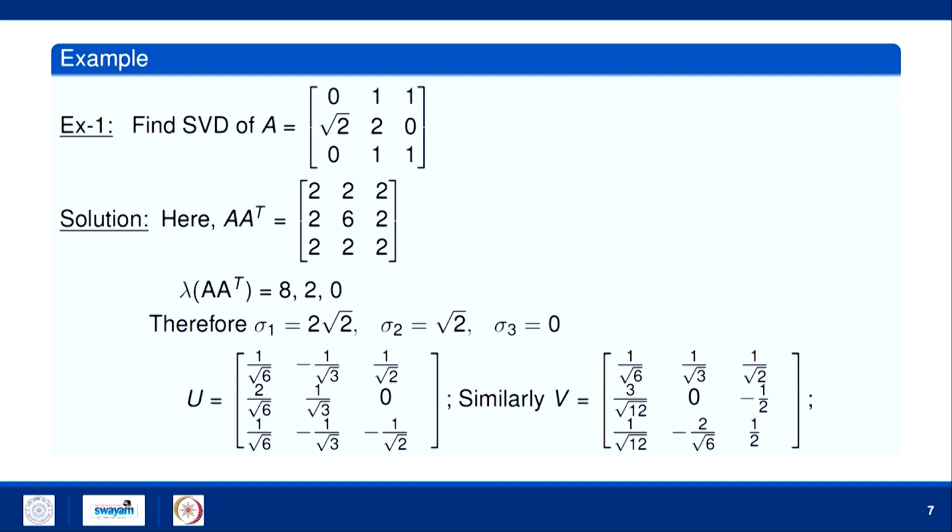So, let us take a couple of examples for finding the singular values. So, the first example I will take for a square matrix and the second example for a rectangular matrix.